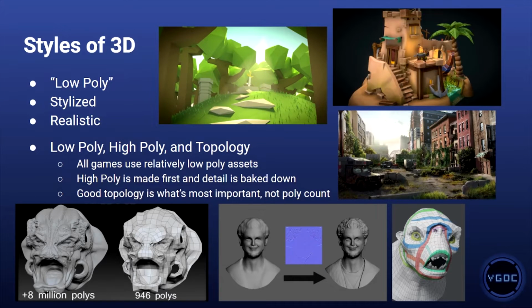That's really realistic, high definition. And if you've ever seen a game before, it doesn't look nearly as good as that, because what it's essentially doing is taking a high poly model that looks really good like this, and then retopologizing it and taking the 8+ million polygons and reducing it to under 1,000, just to get the base shape down. And then all that detail that you have here, you bake into your normal map that I talked about.